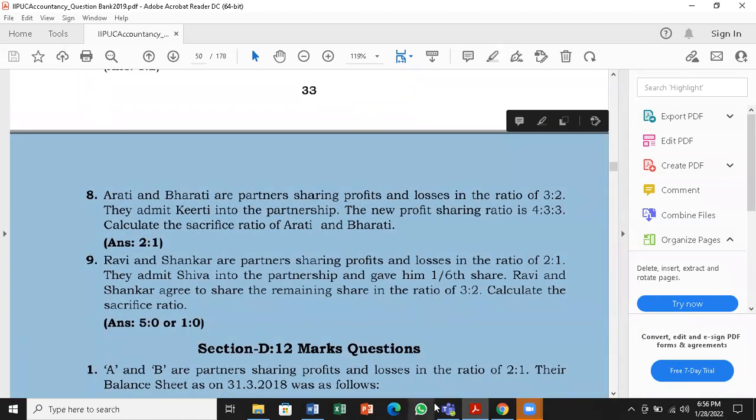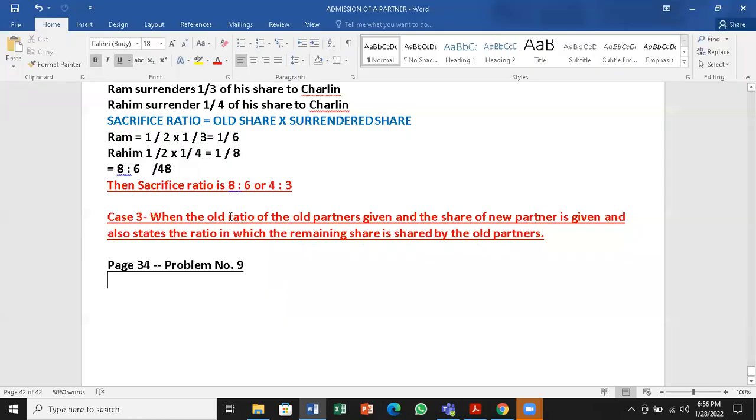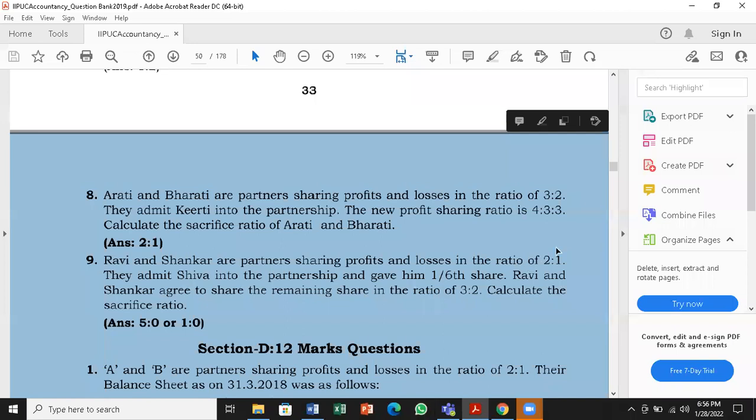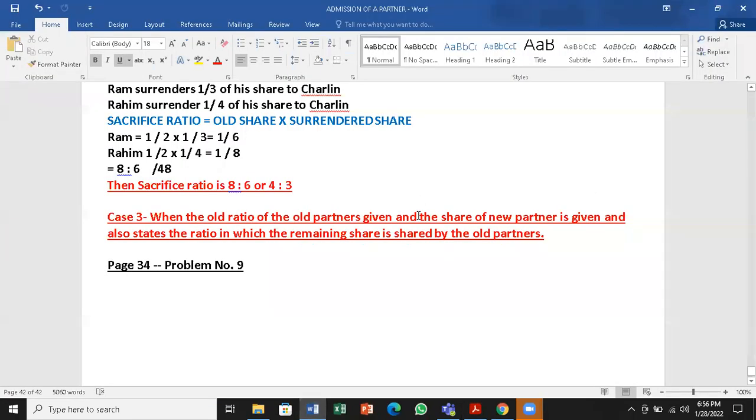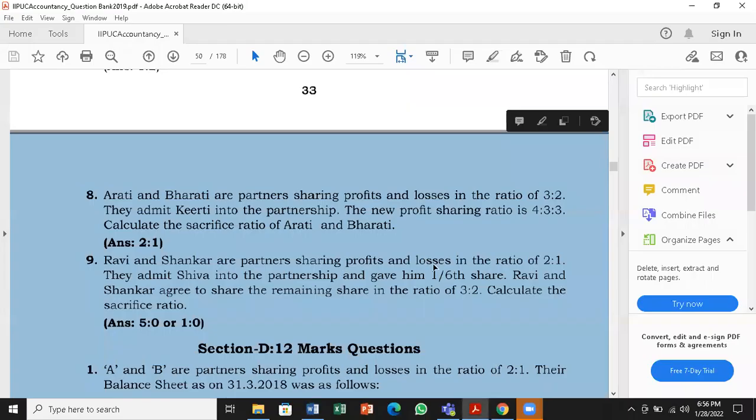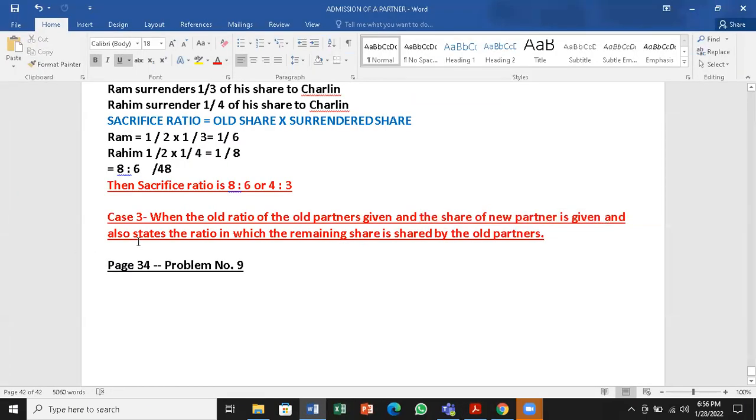This is the first part of it. They admit Shiva into partnership and gave him 1/6 share. The new partner share is 1/6, that is given. Next, the ratio in which the remaining share is shared by the old partners.